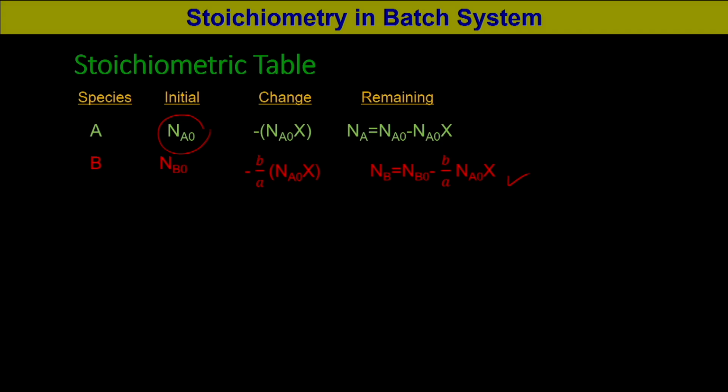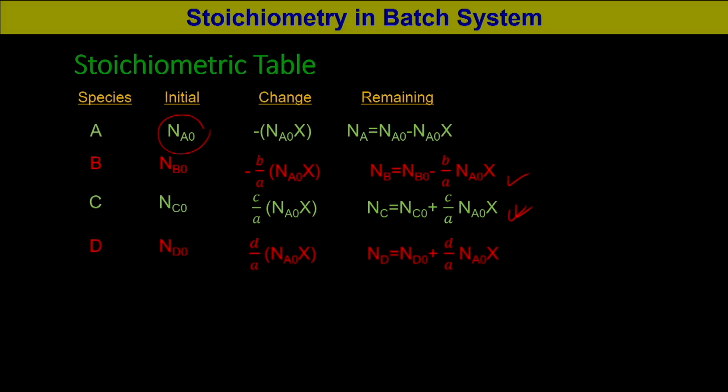Now, for the product C, the initial amount was Nc naught, and the product produced due to the chemical reaction is C by A mole of Na naught X. So, Nc would be Nc naught plus C by A Na naught X, that is the product after a time of t.